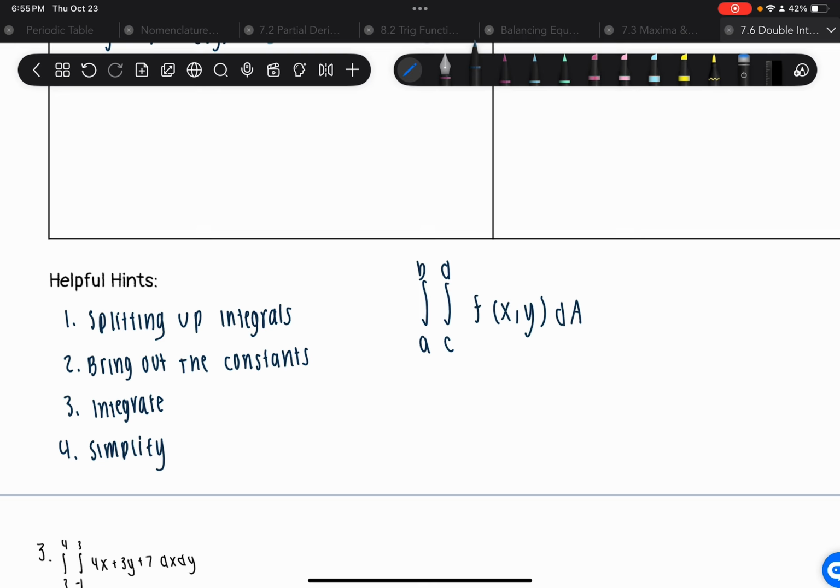So I like to put mine into brackets, so like A and B, and then C and D. And then I just really want to make sure that I know which variable I'm going to be doing. So whether it's starting with dy, or starting with dx. I just want to make that very, very clear.